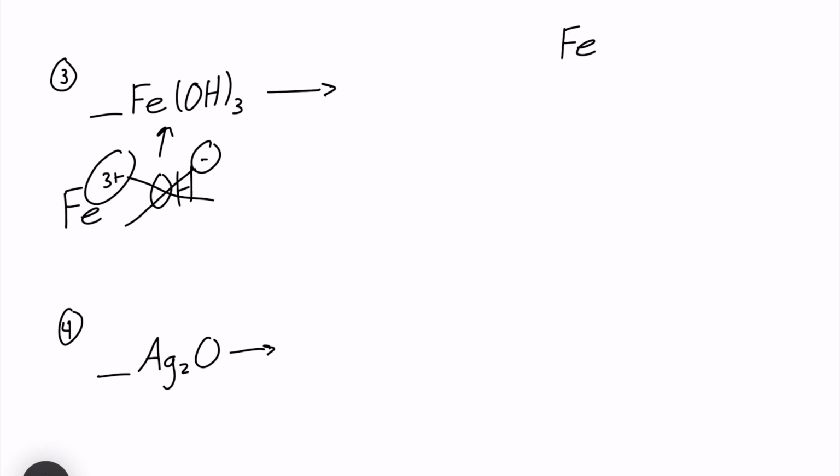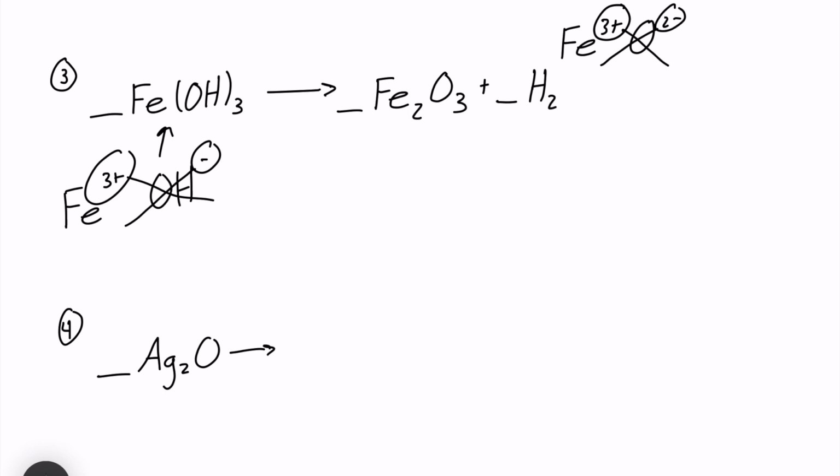So our metal in this case, we figured out it's iron 3+. Oxygen is O2-. These can swap and drop to cancel one another out, which will result in Fe2O3. And then we just have water as our other product. So we can write down H2O, and that is perfect.